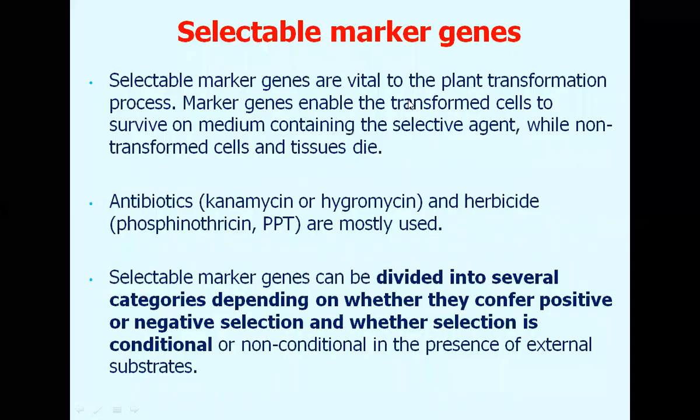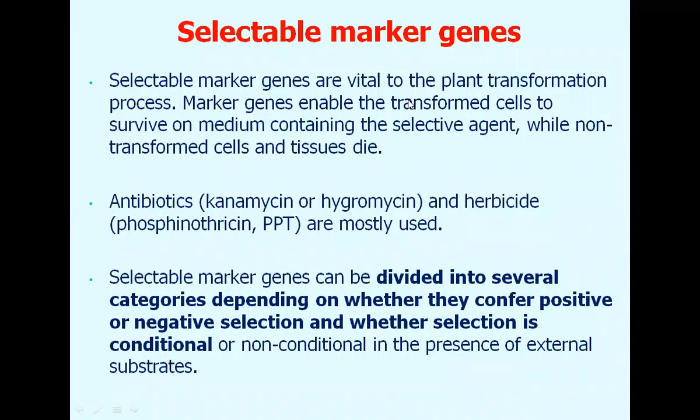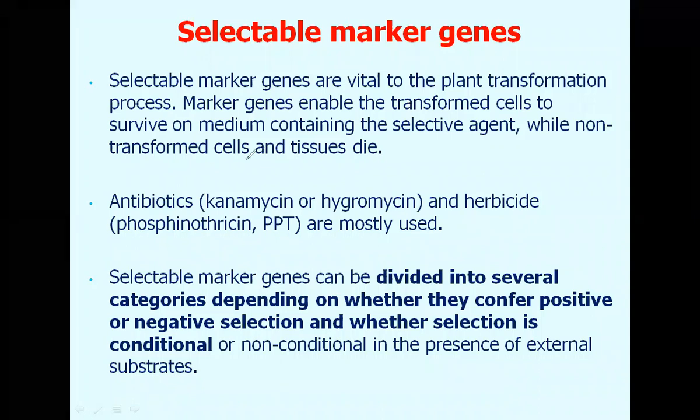Okay, so as I said earlier, we'll be starting with what is meant by a marker gene. A selectable marker gene is vital to the plant transformation process. Marker genes enable the transformed cells to survive on a medium containing the selective agent, while non-transformed cells and tissues will die. In this way, they help you distinguish between those plant cells which have received the gene of your interest from those which have not.